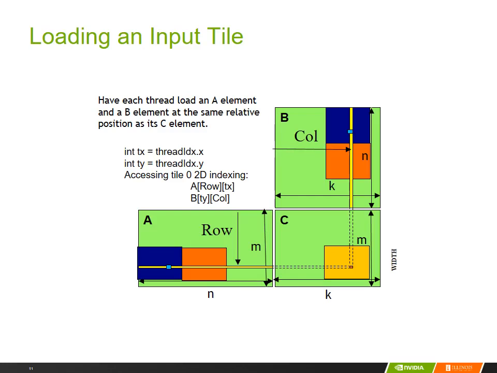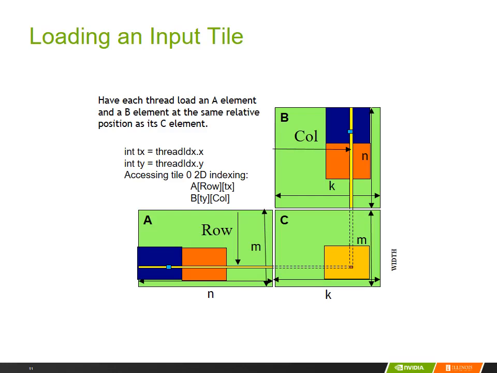We actually assign every thread to load the A element that has the same relative position as the C element it is computing, as illustrated in the picture, so that when we load, we force the neighboring threads in a warp to load neighboring elements of A. Once the elements are loaded into the shared memory, the threads can access the elements from the shared memory in their original row traversal.